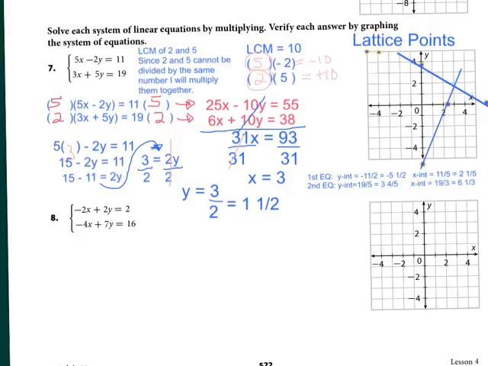You also have to remember that your point here was off the grid a bit. Okay, so when we write it as a point, it would look like this as an answer: 3, 1.5, or 3, and 3/2 is our answer. But we were pretty close there.